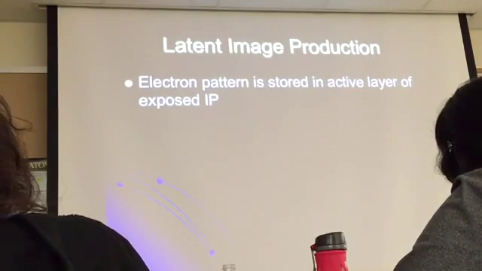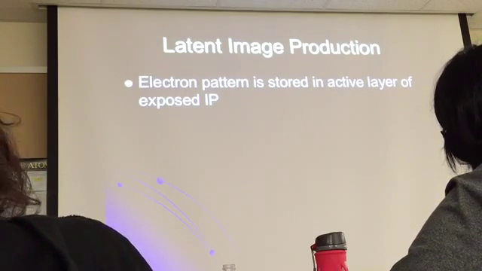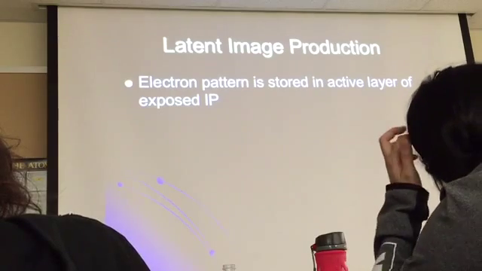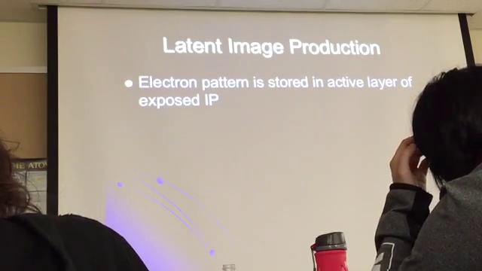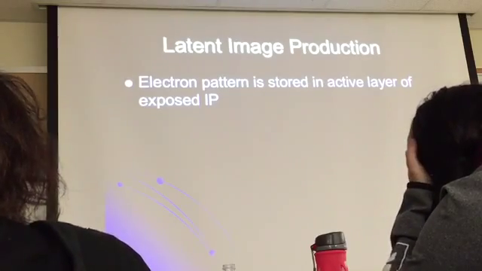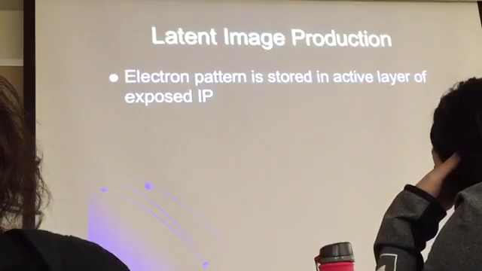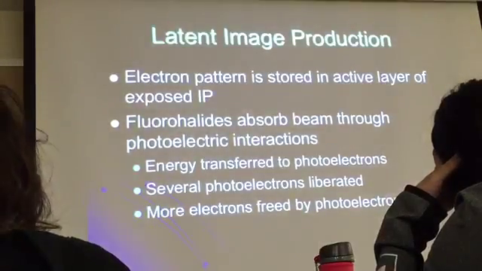What is this saying? That you're going to expose the imaging plate, and then the energy is stored somewhere within the plate. That's what we're going to take a look at.